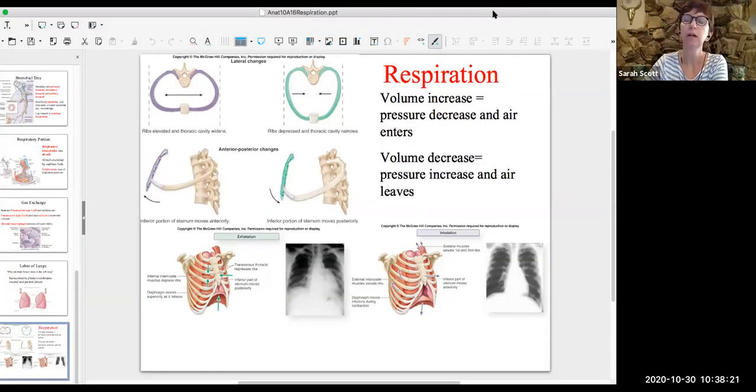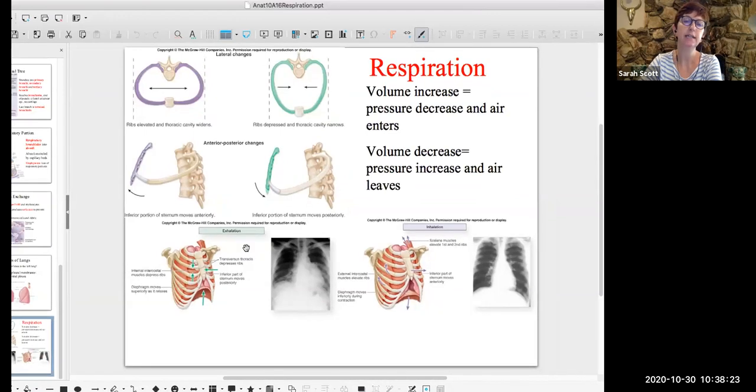Okay, so, all right, here's the idea here. When you contract the external intercostals, that raises up the sternum and it elevates the ribs. So when you do that, you take a volume and you make it bigger. But it turns out there's a relationship between pressure and volume.